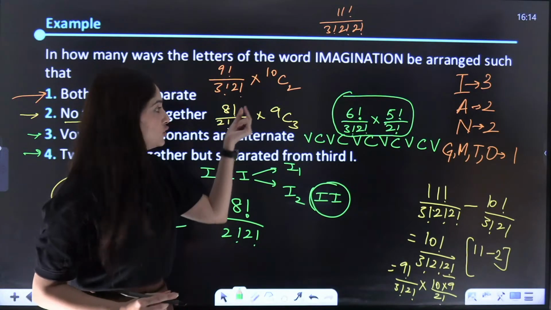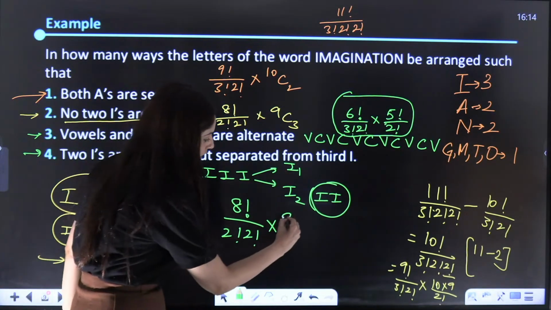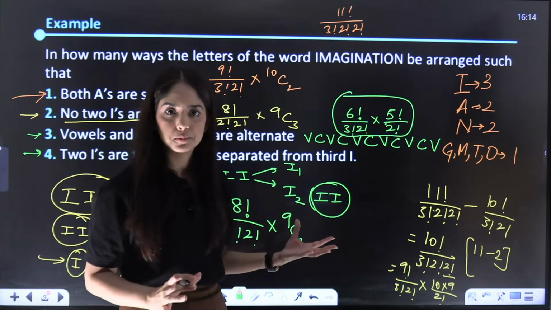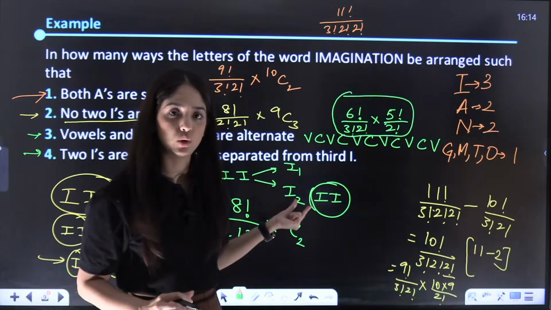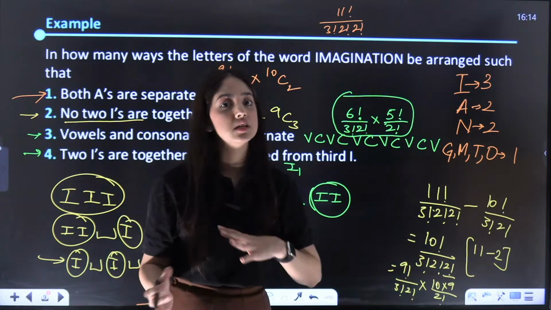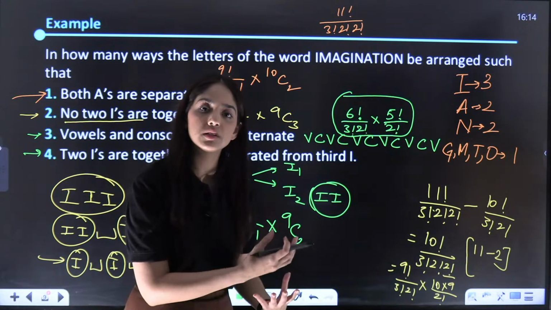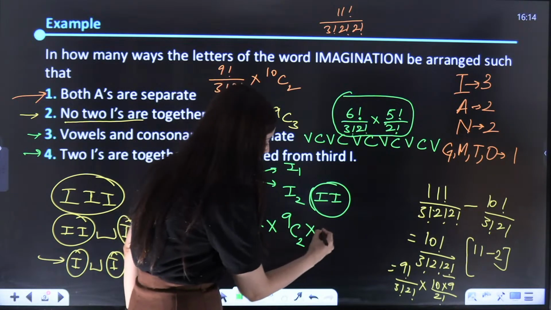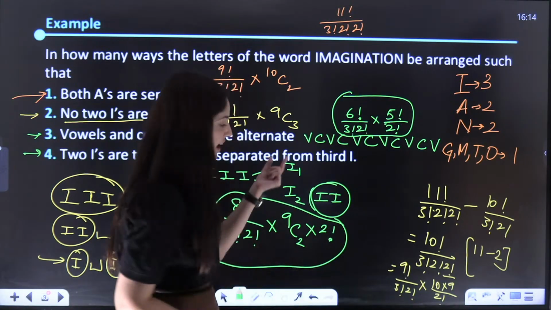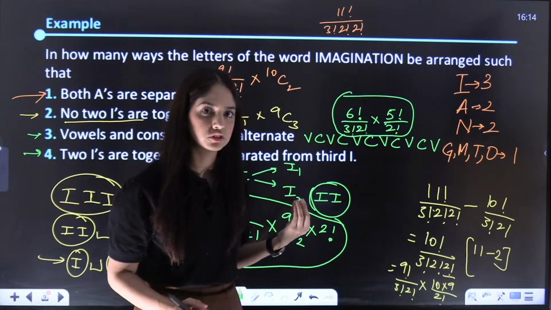But now instead of choosing 3 from the remaining 9 gaps, we choose 2 from the 9 gaps to place I1 and I2. But now the order matters. If you remember the M1, M2, when they were distinct books, when the order mattered, we had to arrange those M's in those gaps. So we will multiply this 2 factorial to arrange I1 and I2. The I2 could be first or I1 can be first.